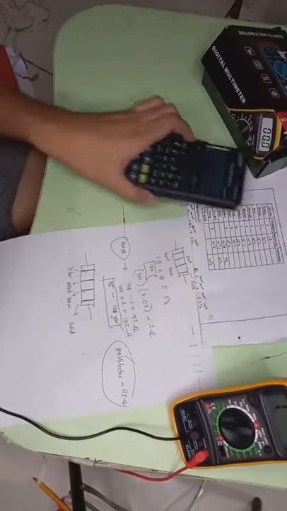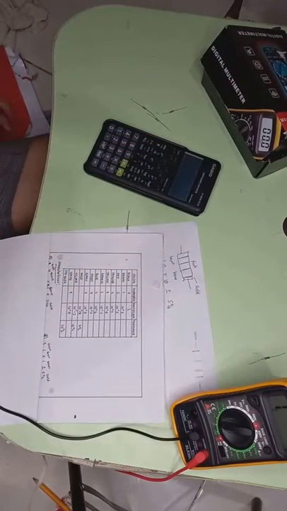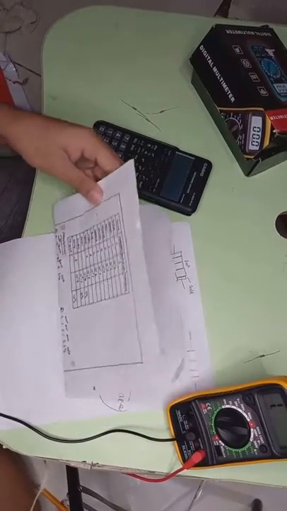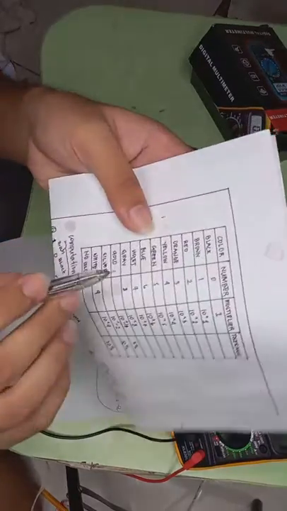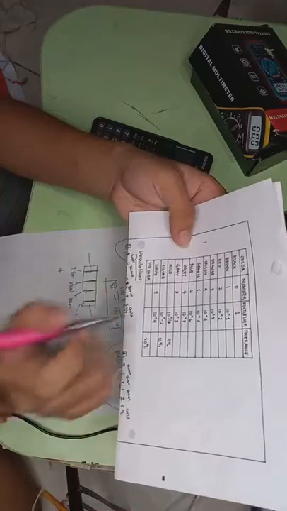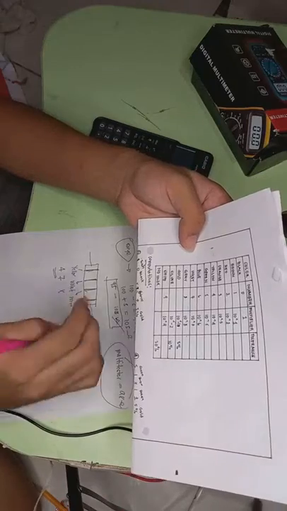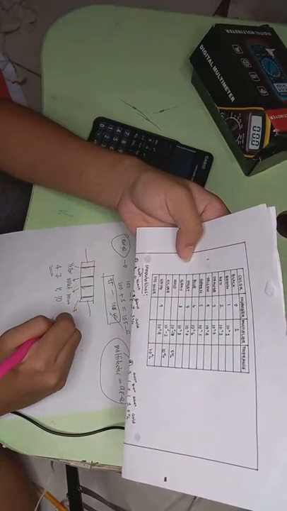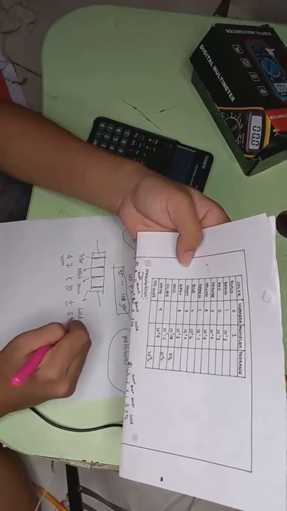So the value of yellow, violet, and brown according to the resistor color code chart: the value of yellow was 4, and violet 7, so it will become 47, and the multiplier was brown, which is 10, and lastly the tolerance, plus or minus 5%.